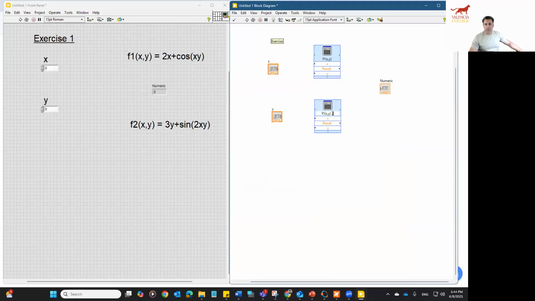And this is my f2, so I'm going to write f2 of x,y. Okay. So x is connected to x, and y is connected to y. And likewise, let me take it here, my x is connected to x, and my y is connected to y.